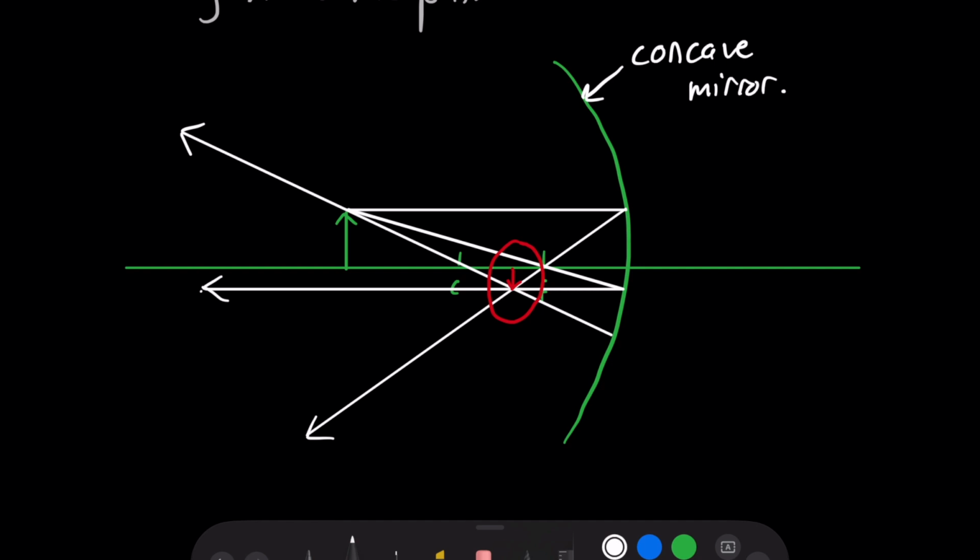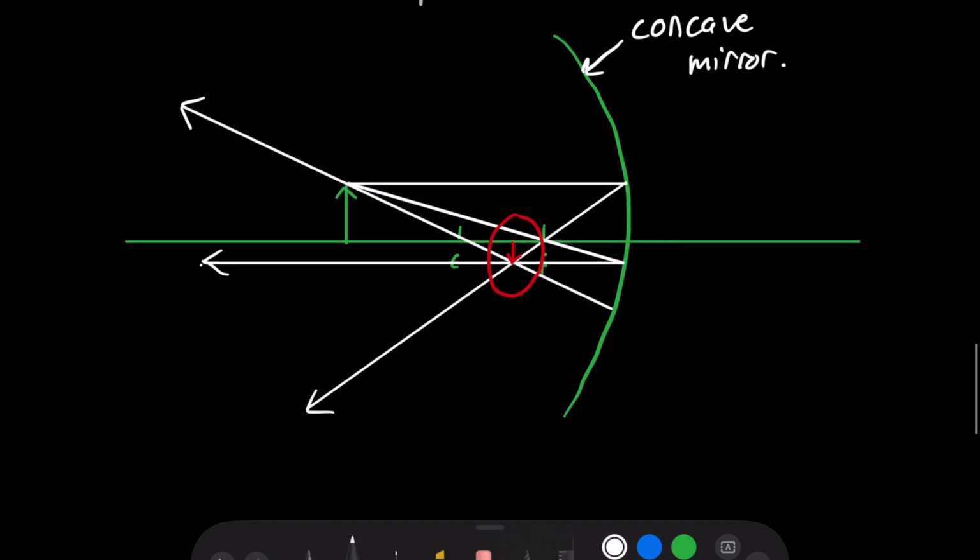So we can write down some characteristics of this image. So first off, magnification. Compared to our object, our image is just smaller, so we can write that. So we have smaller. Since our image is on the same side of the mirror as our object, this is a real image.